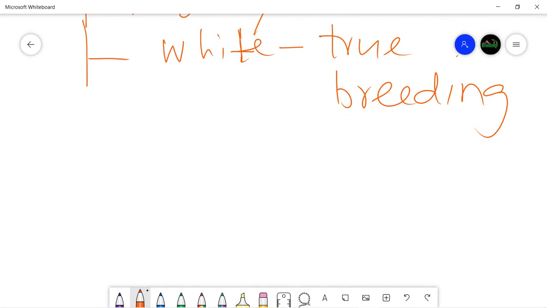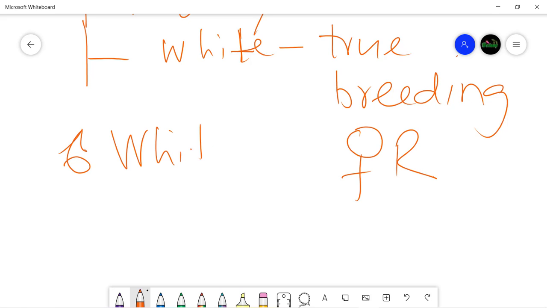So these were one of his initial crosses. The male was white-eyed and the female was red-eyed. So this is W for white and R for red.